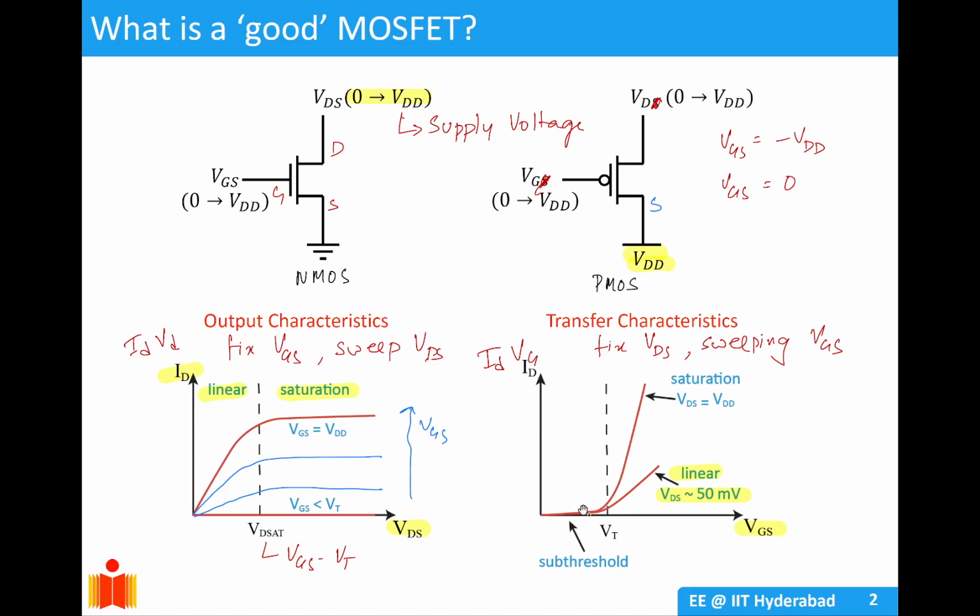So this is your subthreshold region below VT, where your current is almost zero, and then post VT you get your curve like this, and you see for small VD you have a linear region, and for high VD you have your saturation region.